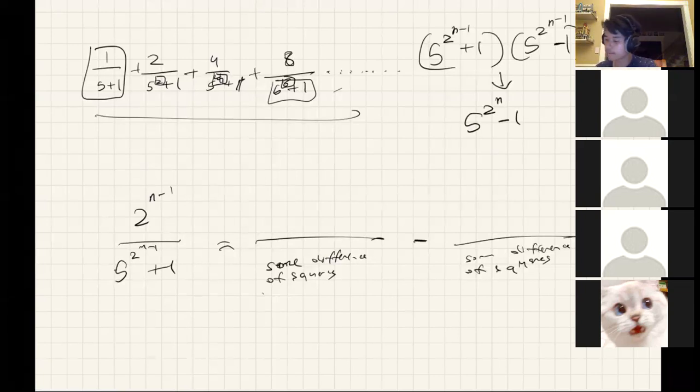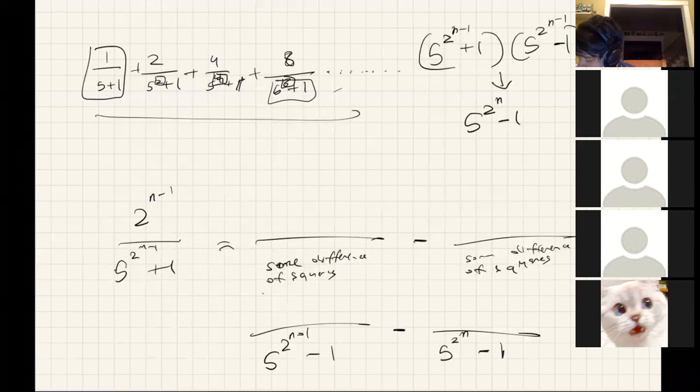So where do you go from here? Let's use some visual thinking. We're going to start with one denominator of the form something like this, and the next denominator is going to look something like this.